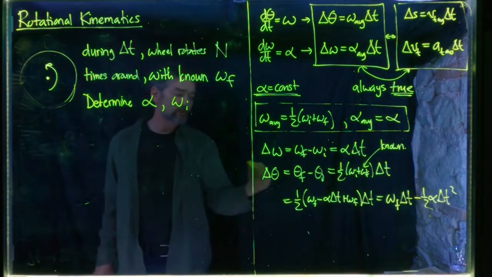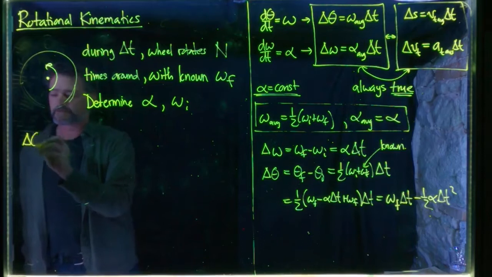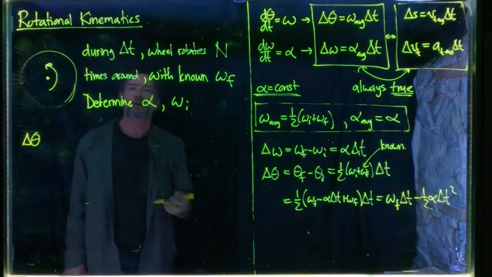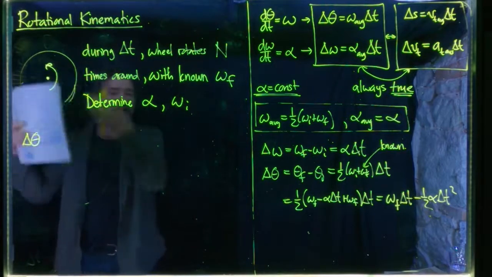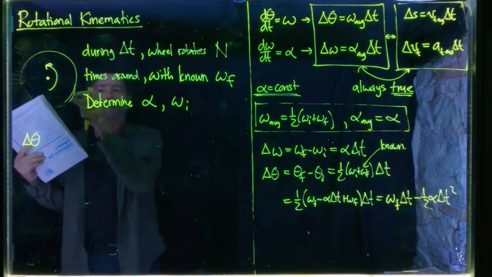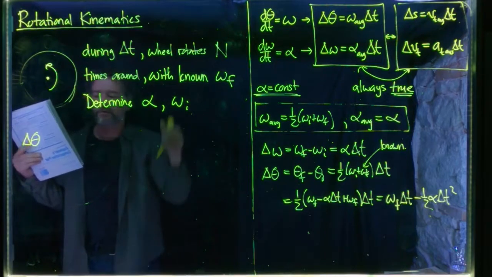Okay, so let's write down this formula. So delta theta is the number of, so the wheel rotates around n times, say 11 times. Each time it rotates around, the angular displacement is 2 pi. So it's 2 pi times 11, so it's n times 2 pi.